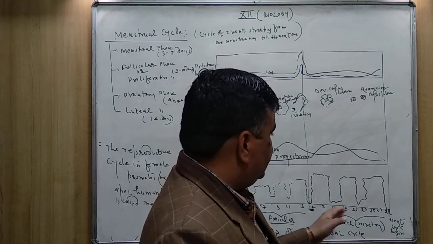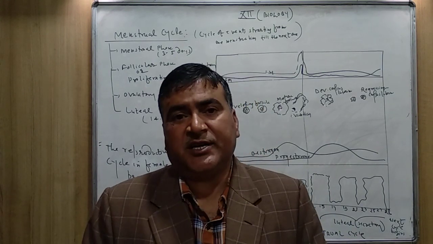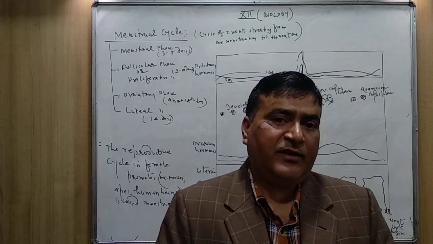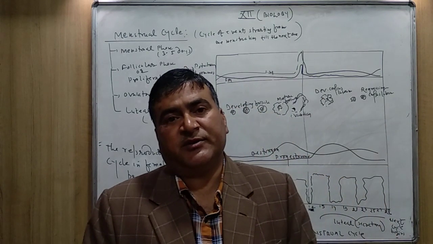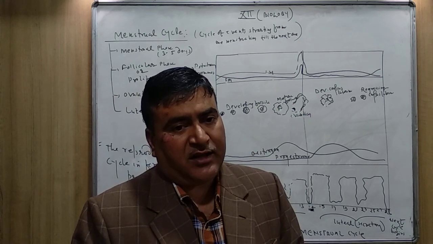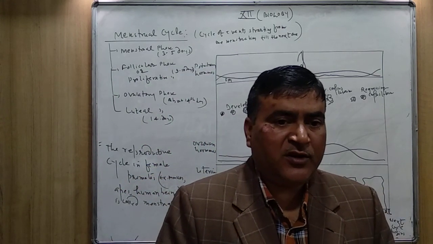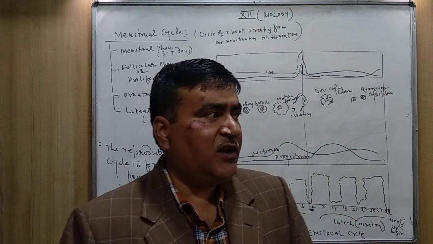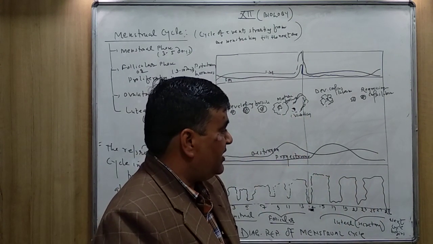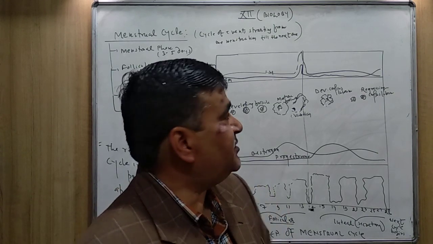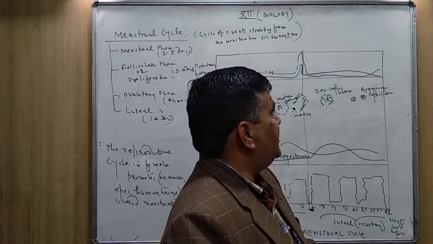After the ovulatory phase, then in the luteal phase, the ruptured Graafian follicle is converted into the yellow mass of endocrine tissue, which is called corpus luteum. And this corpus luteum produces progesterone hormone. Progesterone maintains the wall of the uterus. And if the process of fertilization doesn't take place, then the corpus luteum again degenerates.